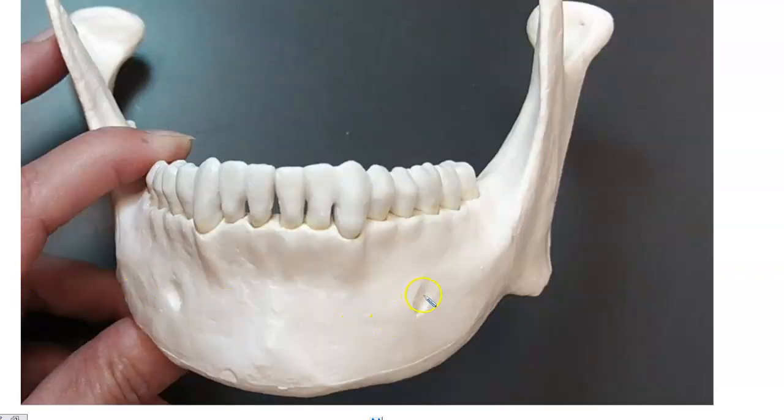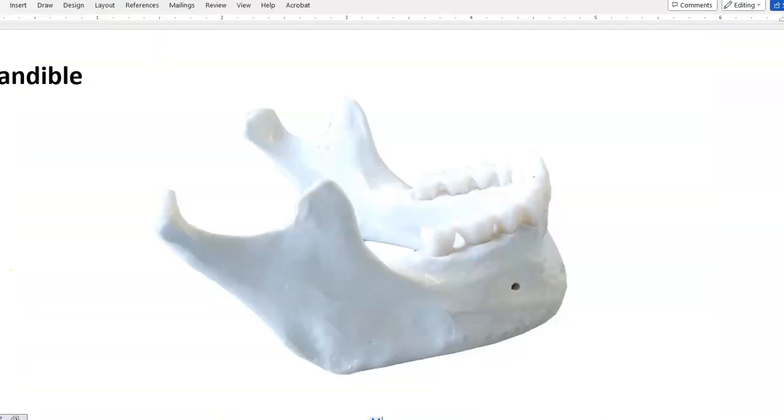All right, so this is just another indication showing that is the mental foramen in the front there. So there are 2, there's one on each side. So this is the mental, remember the chin is the mental region, foramen. You've got this smooth area here is your ramus.